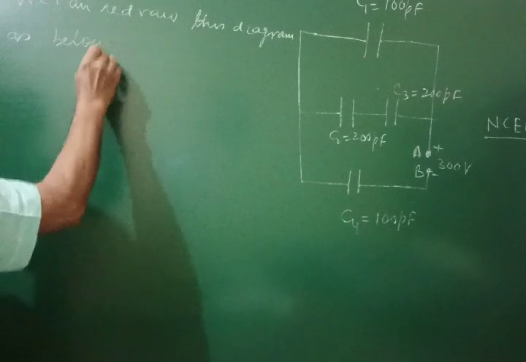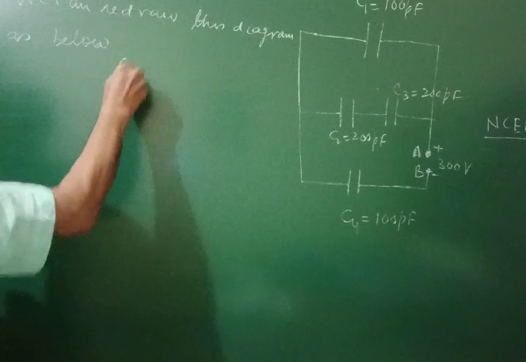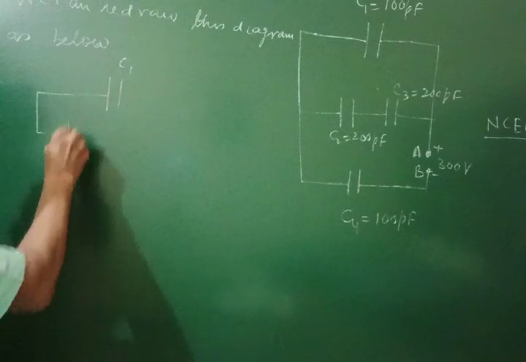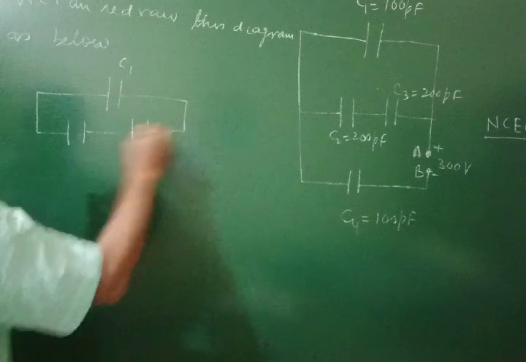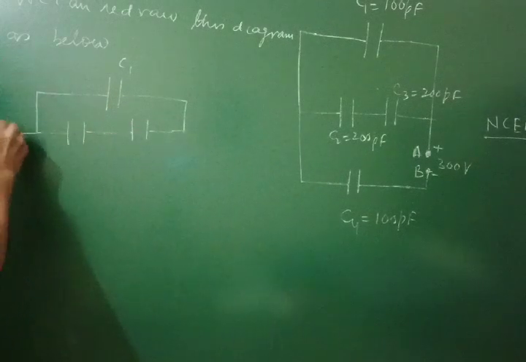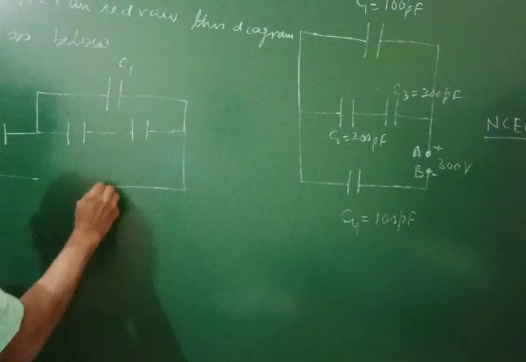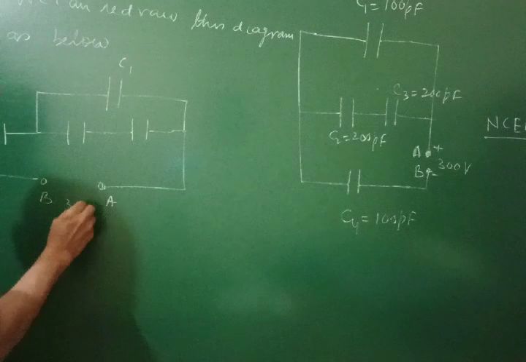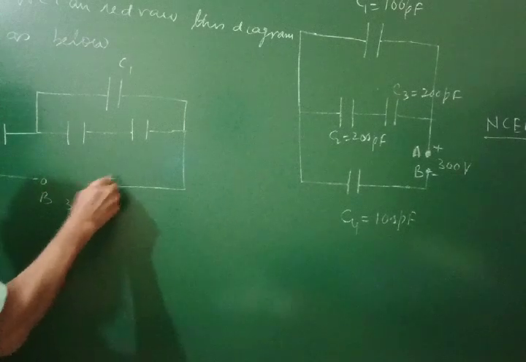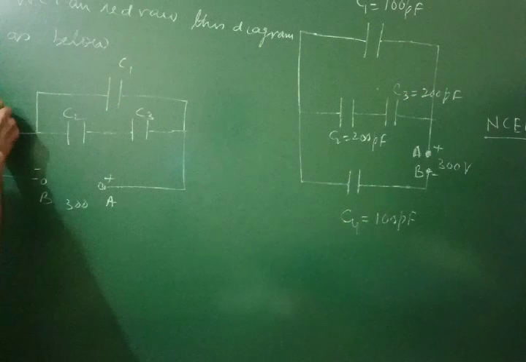Now, C1, C2, C3 and C4 here, and points A and B like this, 300 volt plus minus, C2, C3, C4.